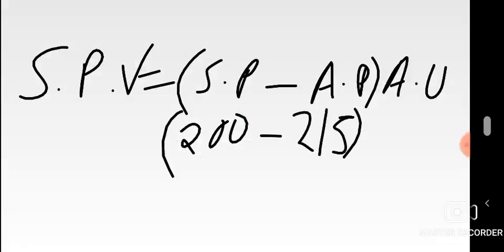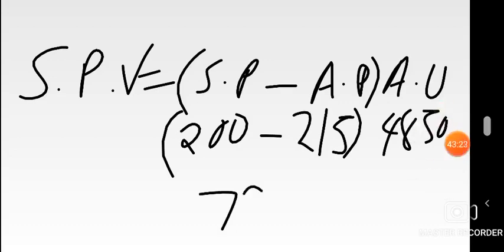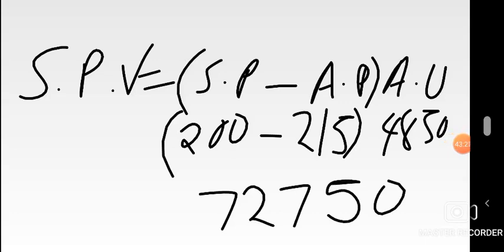So when you divide, it gives you 215. Actual units, how much are they? The same, 4850. Therefore, what is our sales price variance? You would get 72,750. How do you interpret this answer? This is revenue. When you're looking at sales, it's a revenue variance, a totally different category from costs. Even the interpretation is different.